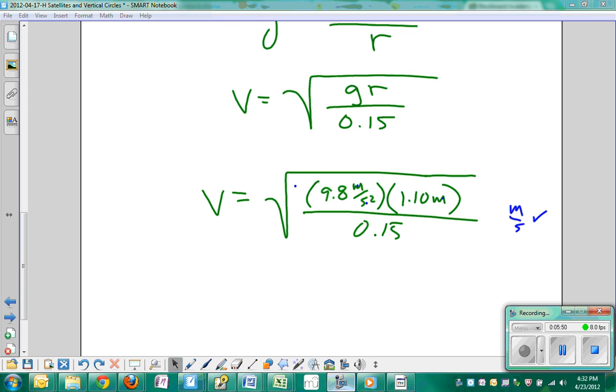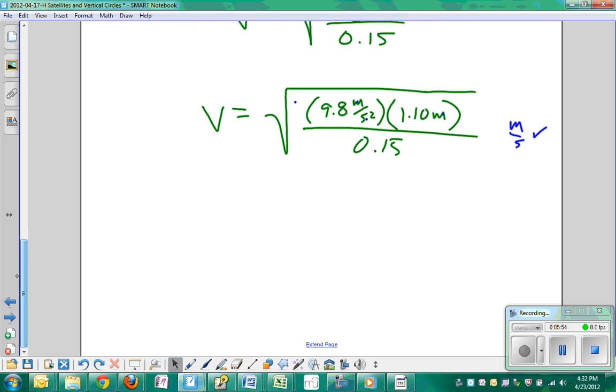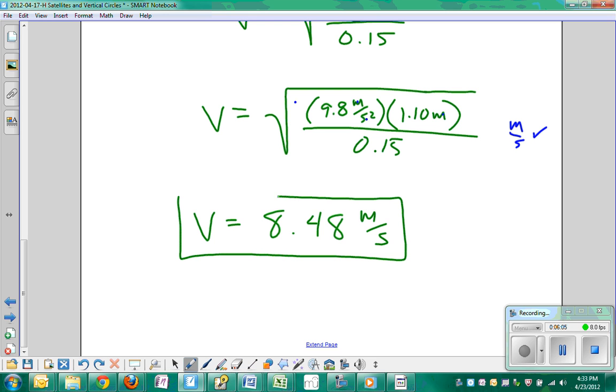Putting this in the calculator, I get that v is equal to 8.48 meters per second. That checks out with what the book says, so we'll call that one a wrap.